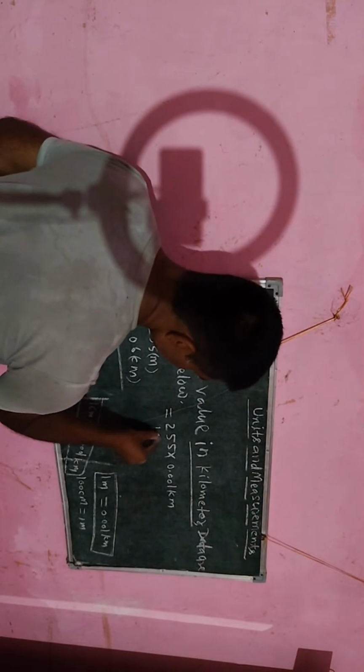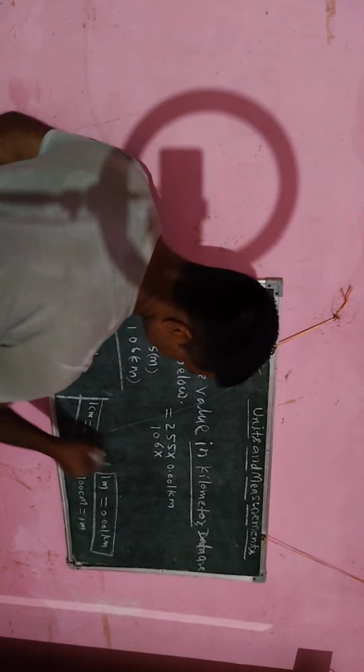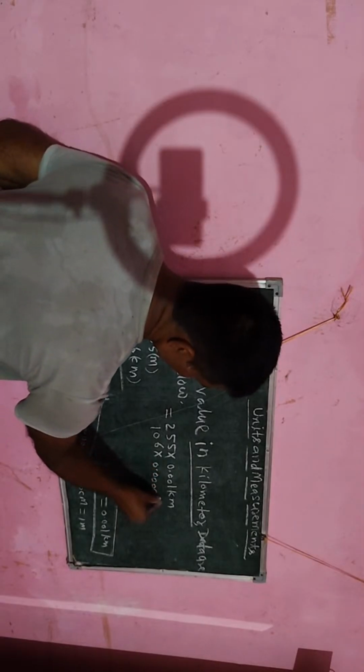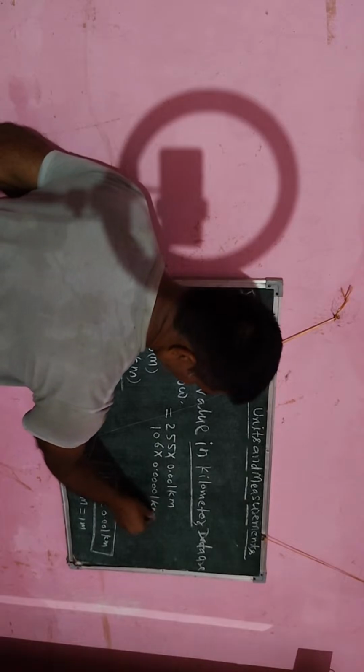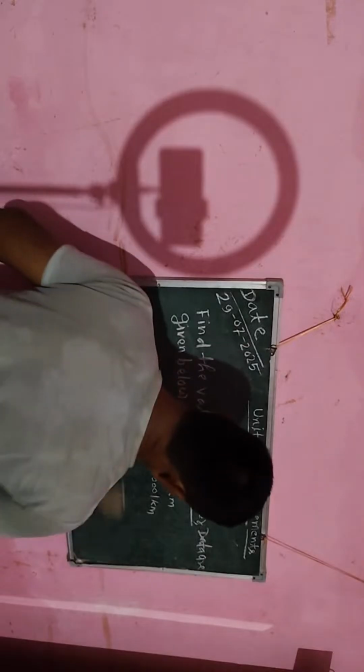So 106 into, in the place of 1 centimeter I will put like this, 0.0000001 kilometer. So I will simplify. After simplifying I will get this value.